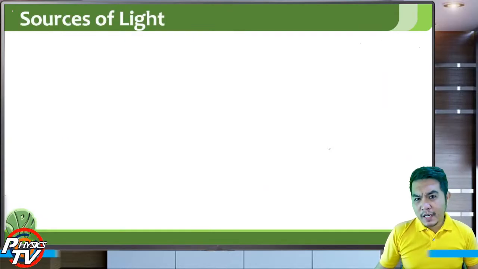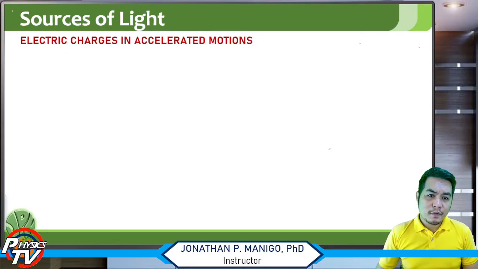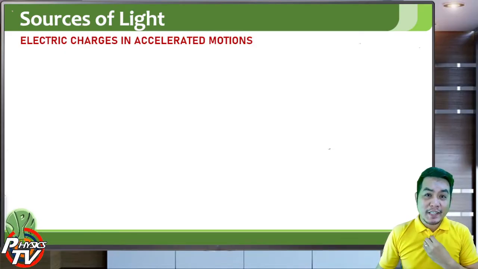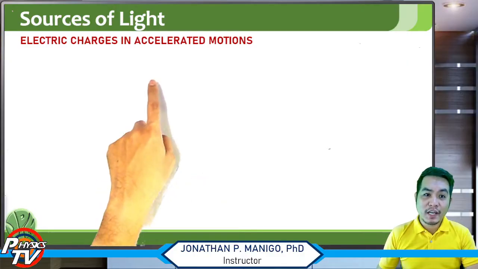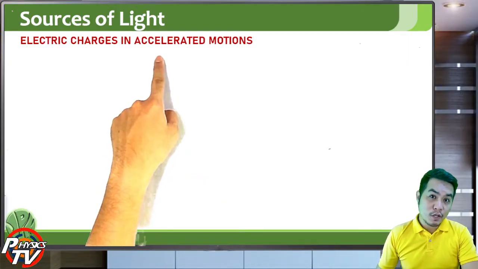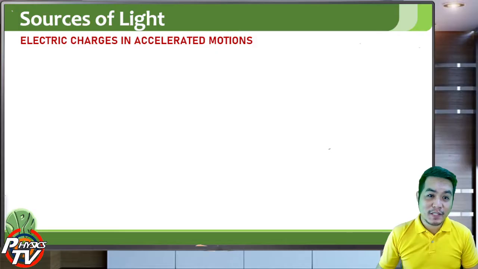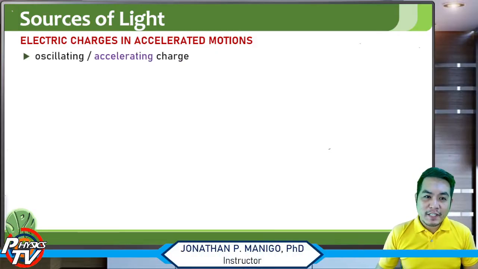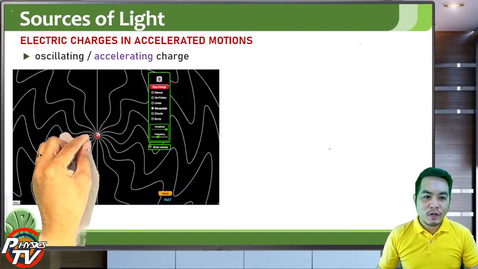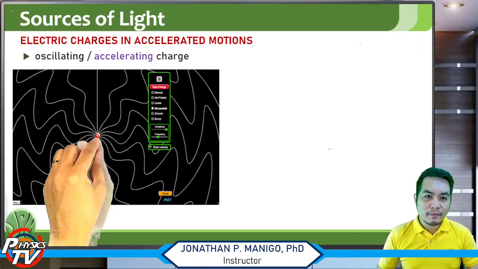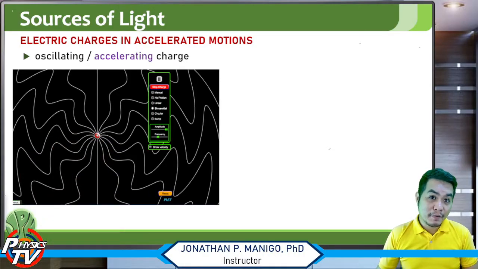Okay, so let's now discuss the different sources of light. The basic source of light is electric charges in accelerated motion, or basically electric charges that are accelerating. When you say accelerating, it's either speeding up or slowing down. It must not be moving at constant velocity. One example is an oscillating charge. If you have a charge oscillating up and down, take note that a charge has an electromagnetic field.